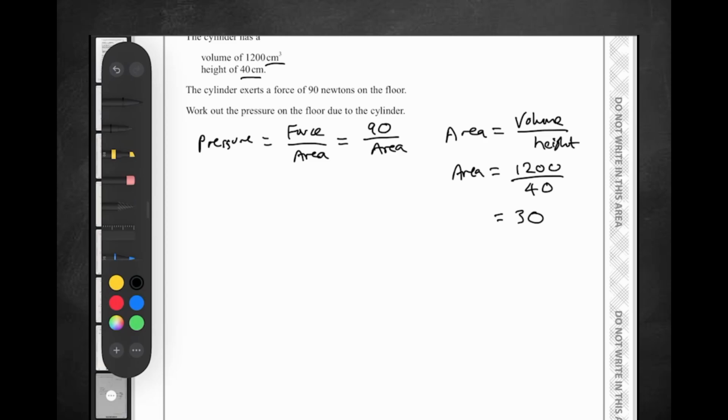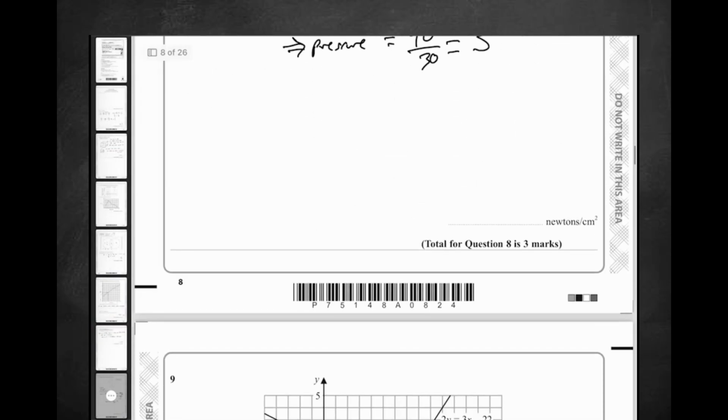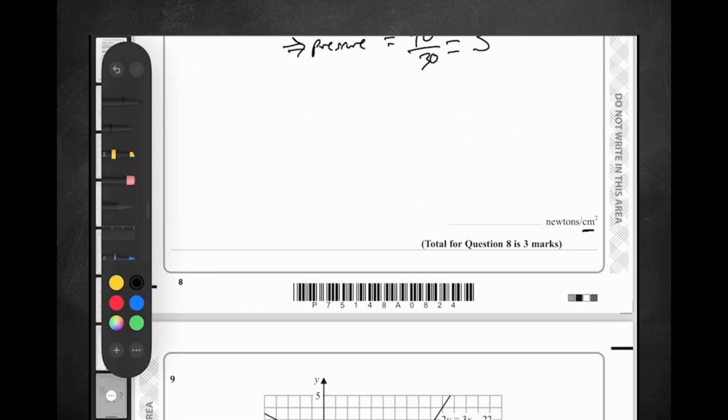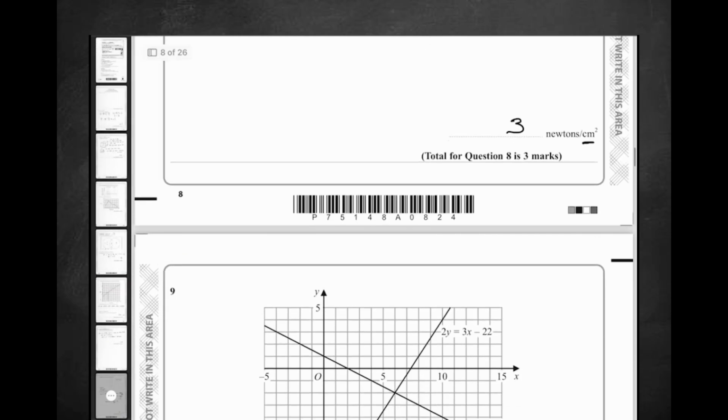So we know the area is 30, therefore pressure equals 90 divided by 30, which equals 3. And we've probably got the units in the answer here. Yeah, newtons per centimetre squared. So that is correct, but just be mindful that could be a way the question tries to trick you by giving you a different unit.